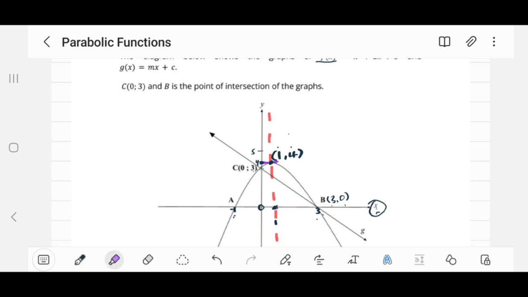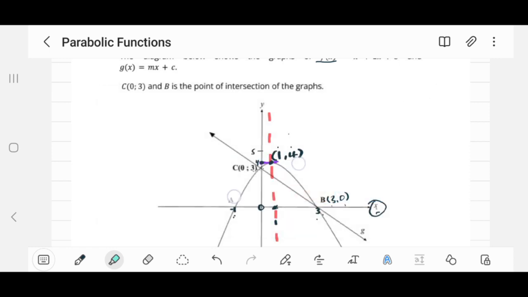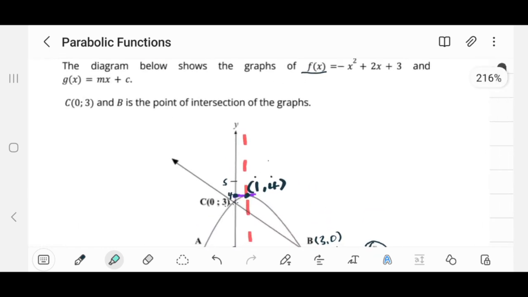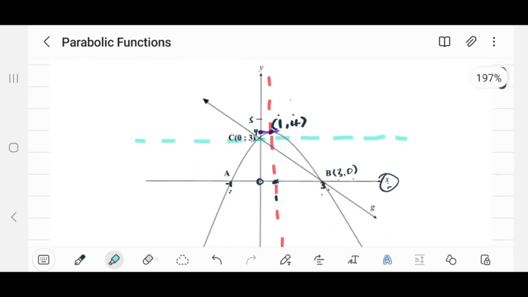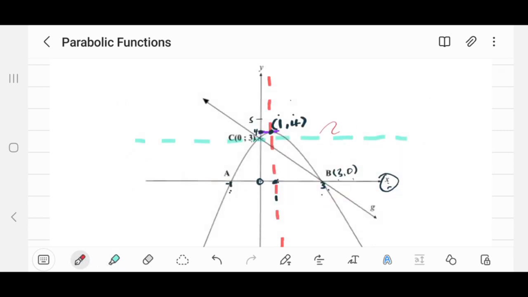If we are trying to visualize how that line looks, it's something looking like this. It's this line, and this line is going to be parallel to the x-axis.